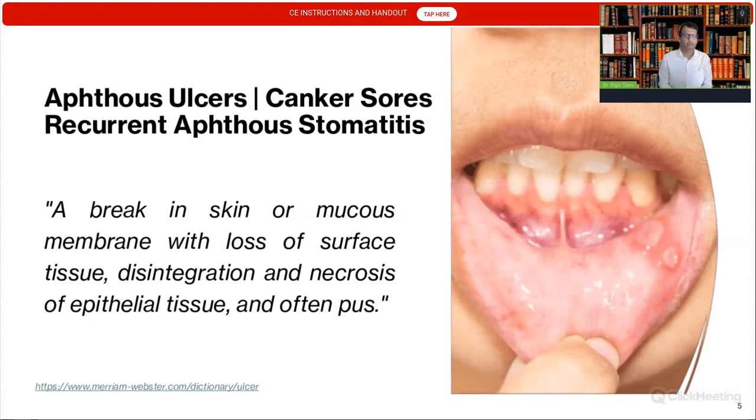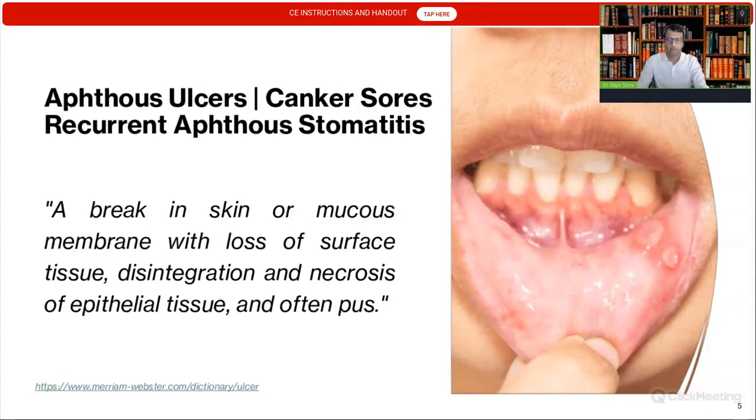So aphthous ulcers are also known as canker sores and sometimes also referred to as recurrent aphthous stomatitis. In a broader sense, it is a painful open sore in the mouth. Aphthous ulcers are white or yellow and surrounded by a bright red color. They are not cancerous.